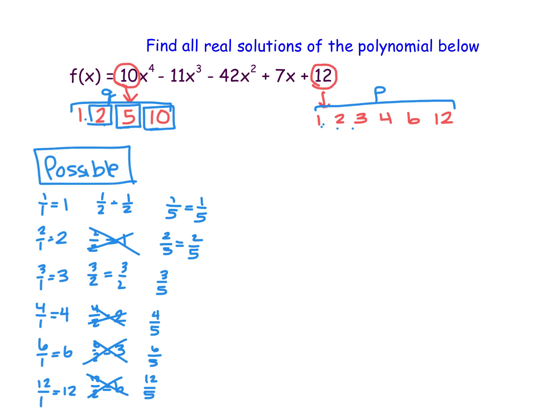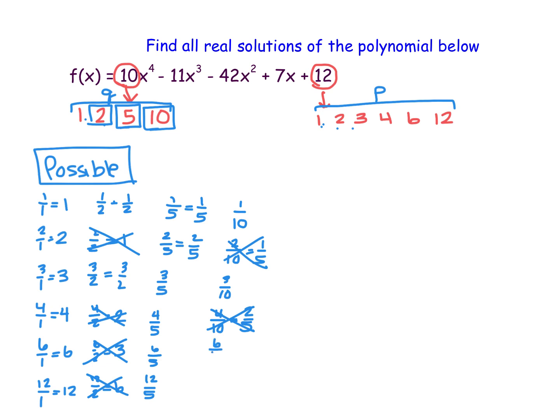Finally, we take our q value of 10. So we have 1 over 10, and that one doesn't simplify any further. We then have 2 over 10, which simplifies to 1/5 and is a repeated value, so we can cross it off. We then have 3 over 10, which again is a fraction that doesn't simplify further. We then have 4 over 10, which simplifies to 2/5 and is a repeated number, so we can cross that one off.